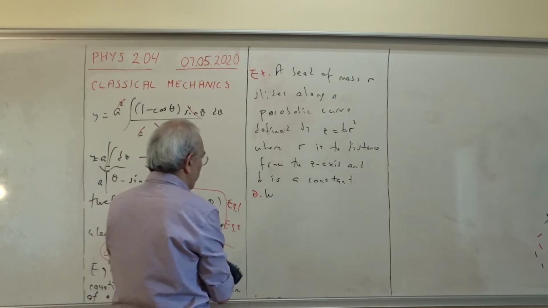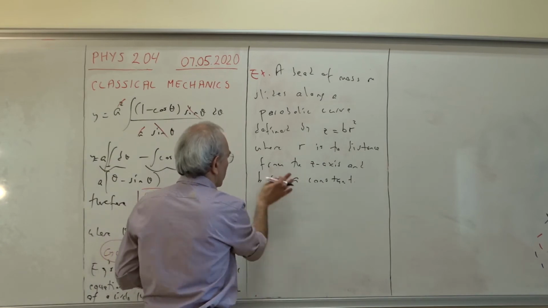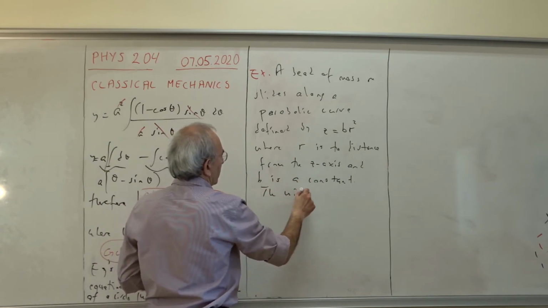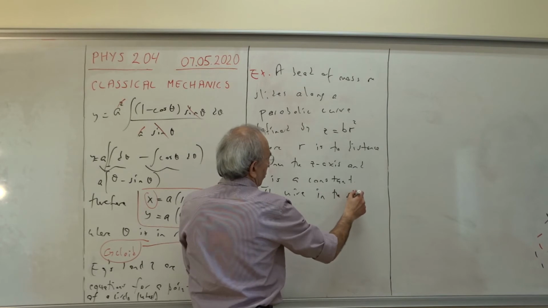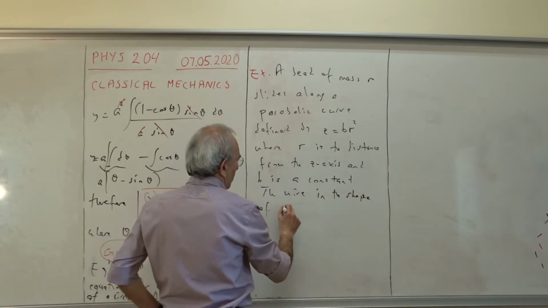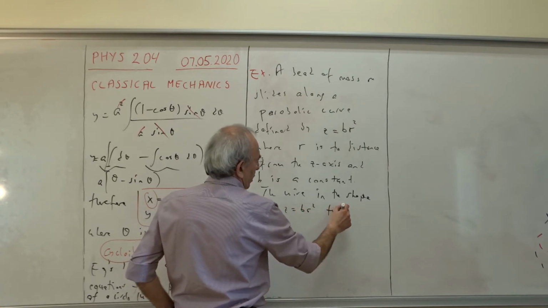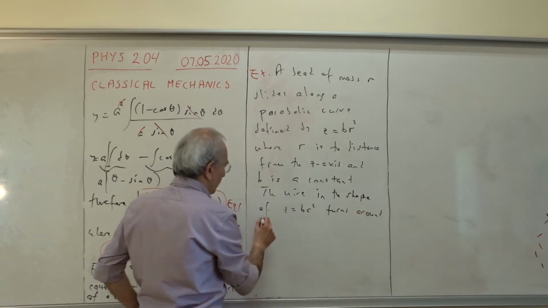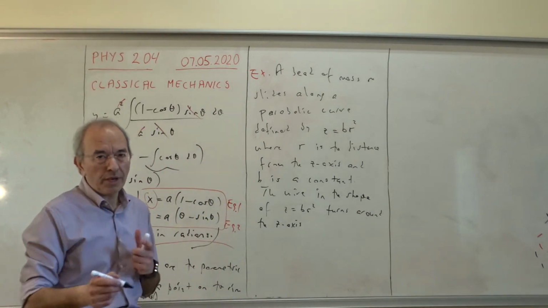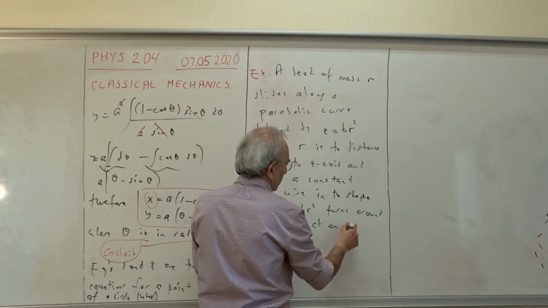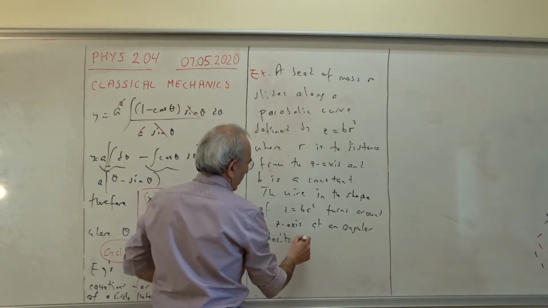Let's first consider the rotation of this system. The wire in the shape of z equals b times r squared turns around the z-axis at an angular velocity omega.